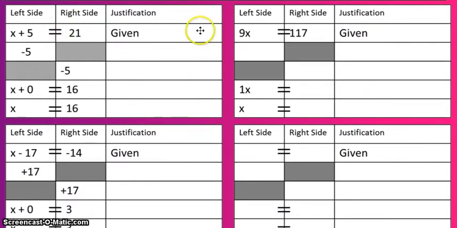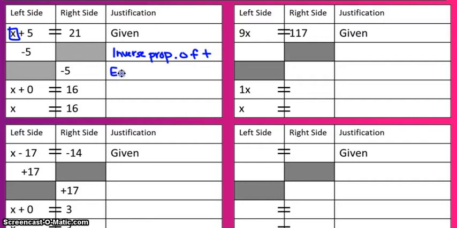So let's take a look at this table here. All the math is done for us, but we're going to go through it together. So we have x plus 5 equals 21. That's the given. We want to get x by itself, so we have to get rid of this adding 5. To get rid of adding, we subtract. That's the inverse property of addition. But if we subtract on one side of the equation, we have to subtract on the other side.